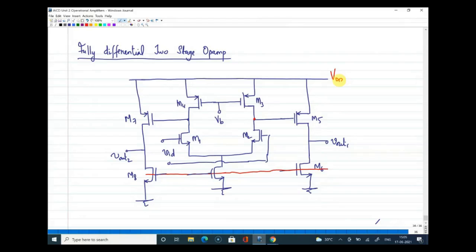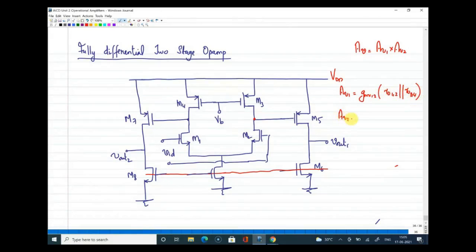All right. So now if I look at the gain expression, gain can be written as AV1 into AV2. So what is AV1? Voltage gain of the first stage. The first stage will have a voltage gain of gm1,2 into ro1,2 parallel to ro3,4. This is the gain of the first stage.